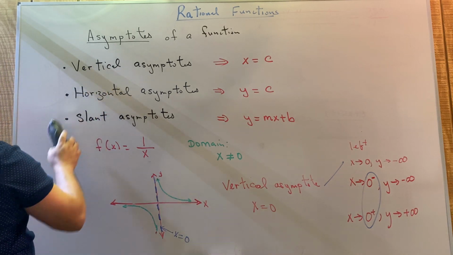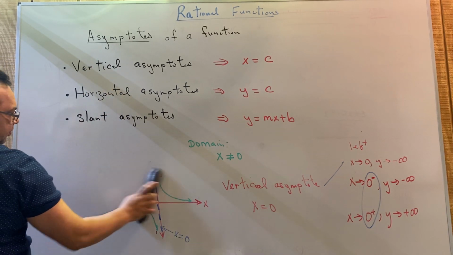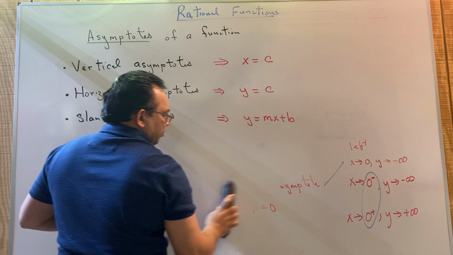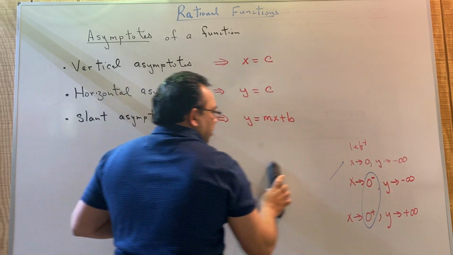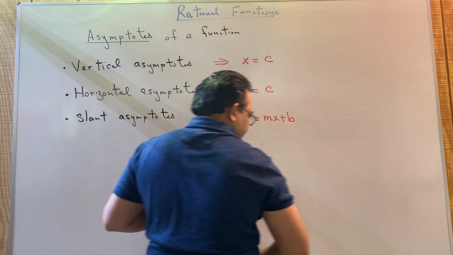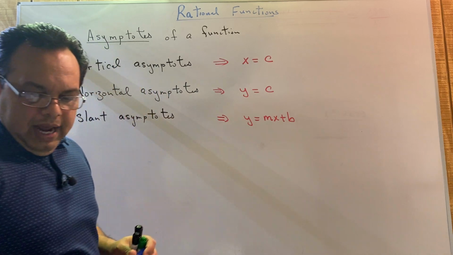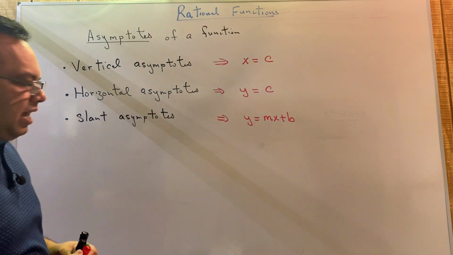We're focusing on vertical asymptotes for now. So what happens if I have the function with x plus 1?